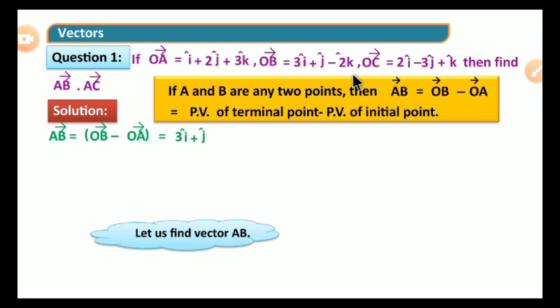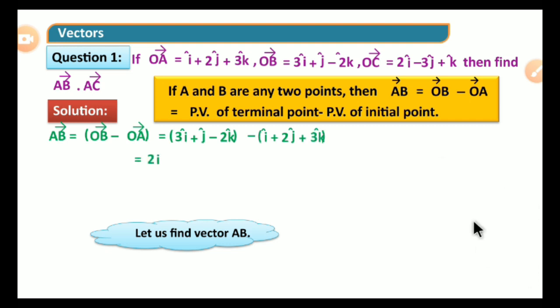Therefore it becomes 3i plus j minus 2k, and we multiply the minus sign to OA, so it is minus of i plus 2j plus 3k.